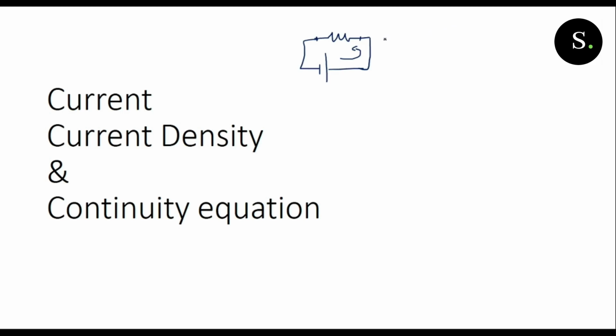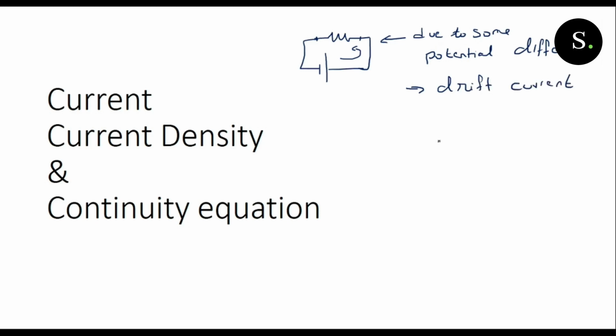So there exists a current due to some potential difference. Such current, which flows due to some potential difference, we refer to as drift current.